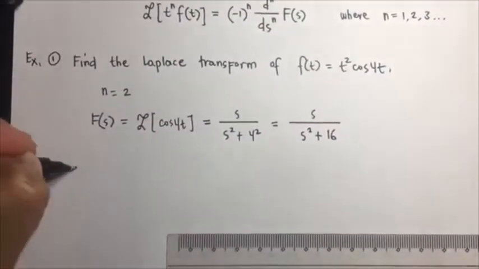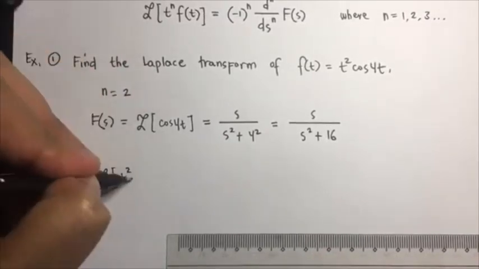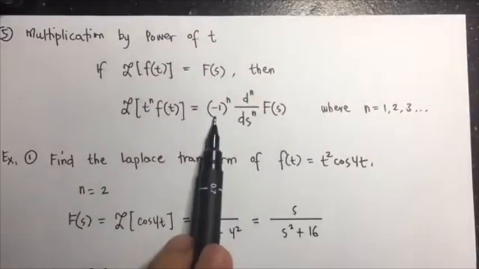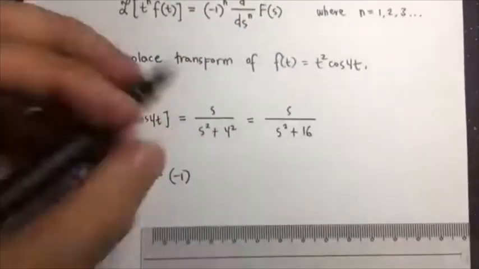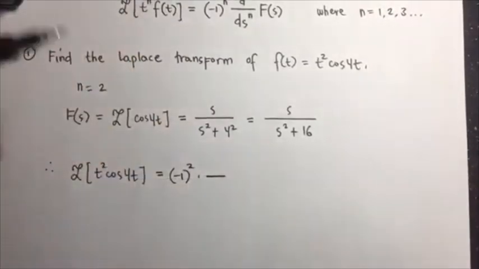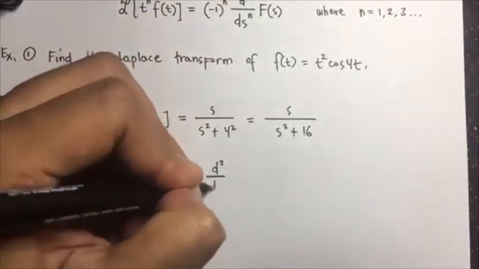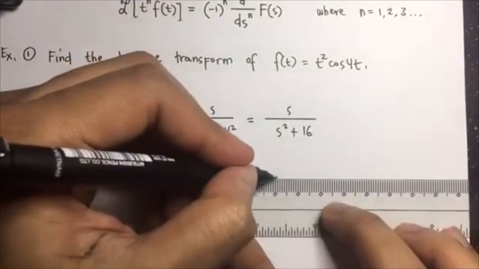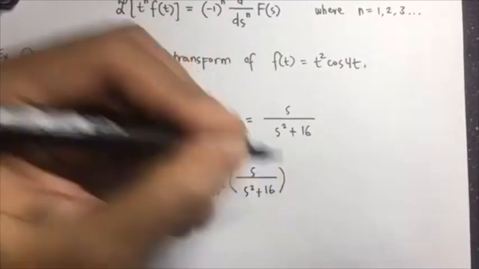Therefore the Laplace transform of t squared cosine of 4t is equal to, following the formula, negative 1 raised to n, where n is equal to 2, multiplied by the nth derivative. Since n is equal to 2, this will be the second derivative with respect to s of s over s squared plus 16.